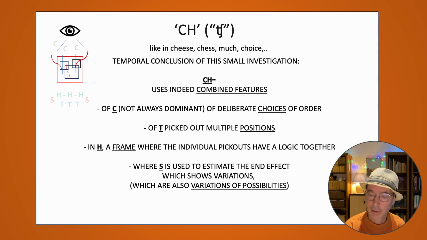There is some freedom to choose the variations because of the C, but there are variations of possibilities with it, and that's what you sense, and that's what you describe. So far, for the little words that I already did, the kind of features that I described were recognizable in all these words to some degree or another.